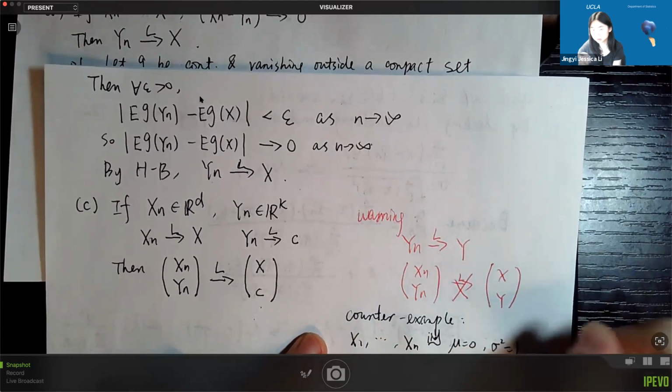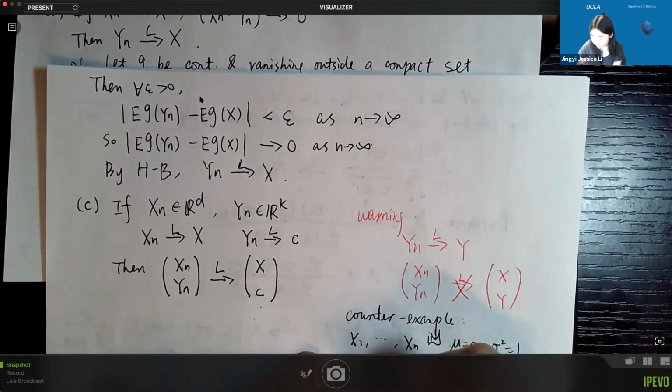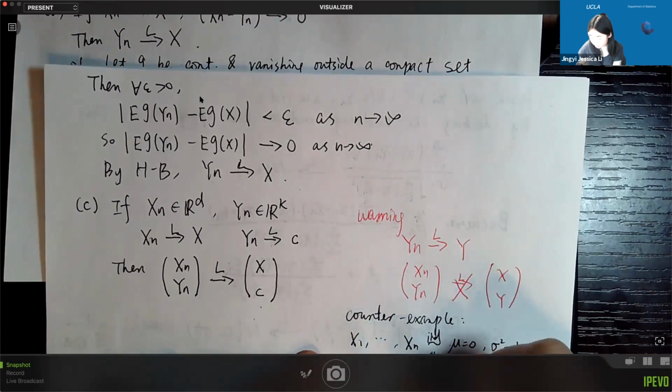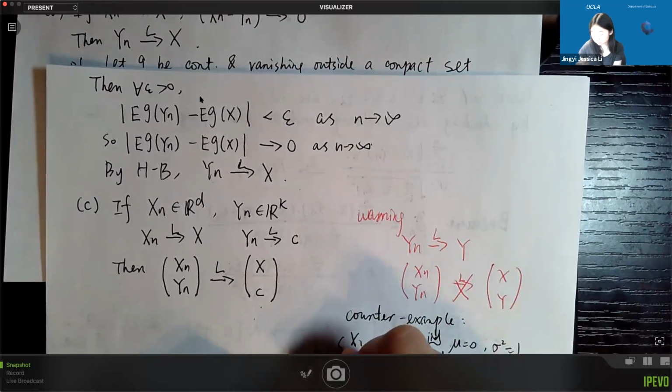So I don't need to worry about the standardization. And then I have Y1 to Yn as well, iid with mu equals 0, sigma squared equals 1, and they are independent of each other.